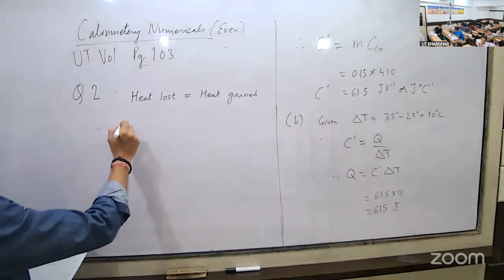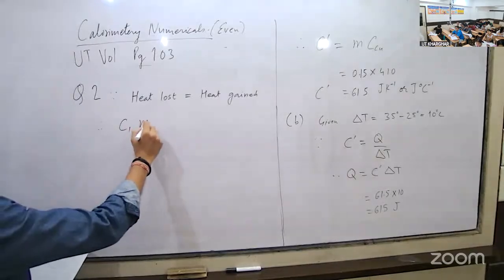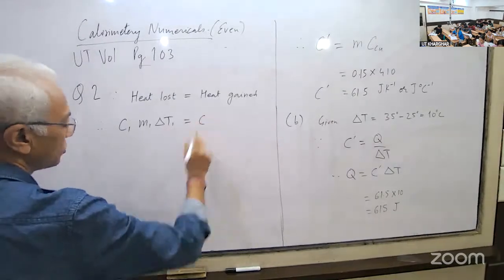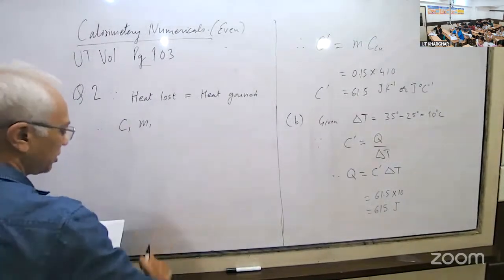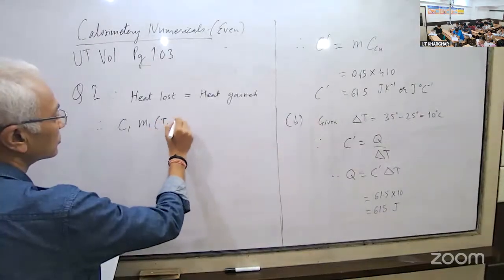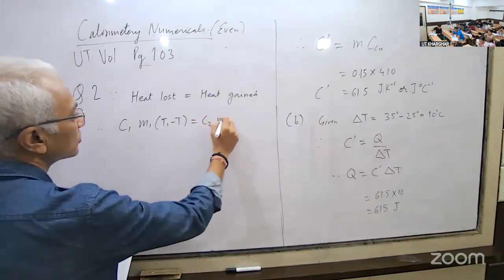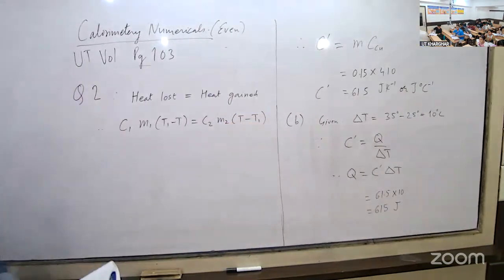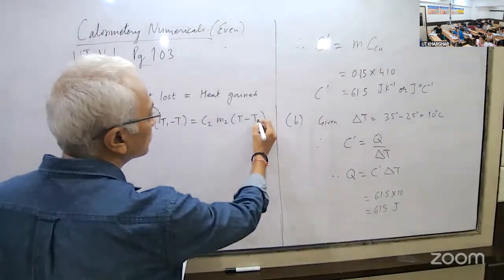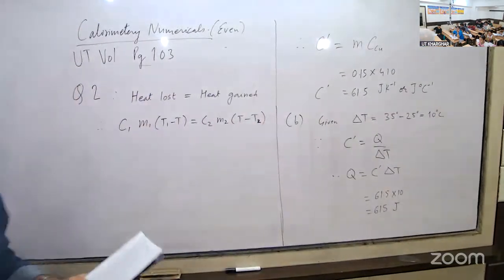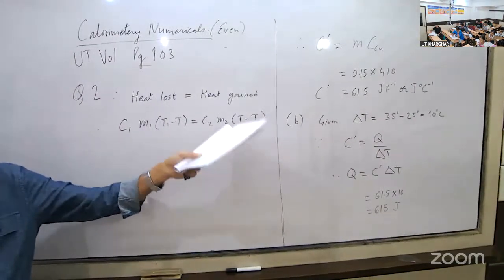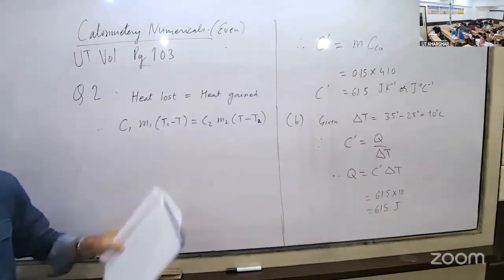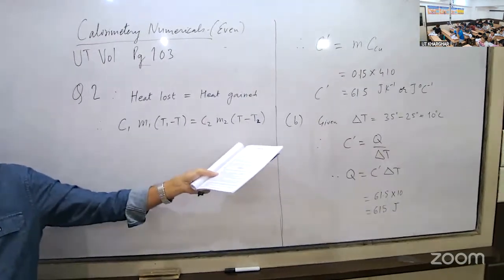So therefore, let's say heat lost by the hot body is C1 m1 delta T1, equal to heat gained by the cold body, C2 m2 delta T2. Delta T1 is T1 minus T. So heat is gained by the cold body, so obviously T2 is a smaller temperature than T1, and T is the temperature of the final mixture.